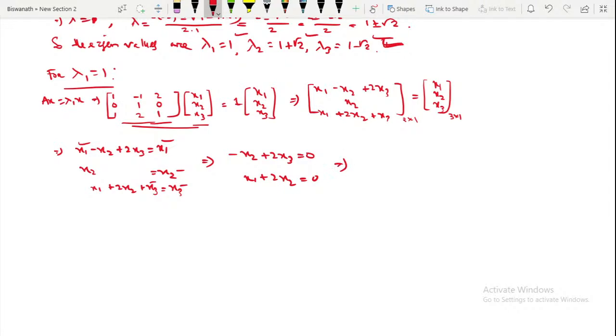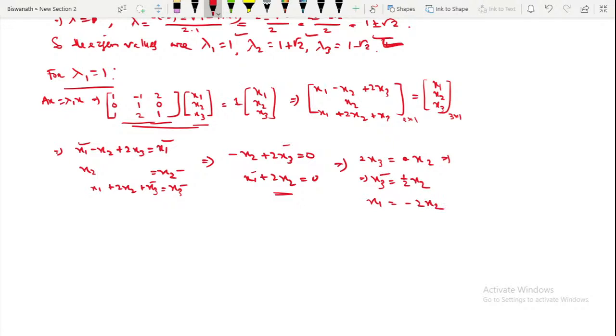So this implies we can write both x3 and x1 in terms of x2. So 2x3 equal to x2. This implies x3 is half times x2. Similarly, from this one, x1 is minus 2 times x2.